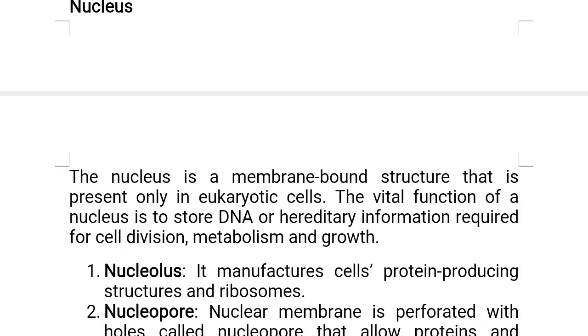The nucleus is known as the control center of the cell because it is vital in the transmission of traits from parents to their offspring, because of the presence of what? The DNA in the nucleus, which is known as deoxyribonucleic acid. This is the information code that helps offspring to resemble their parents.